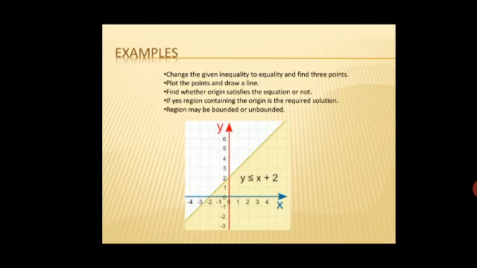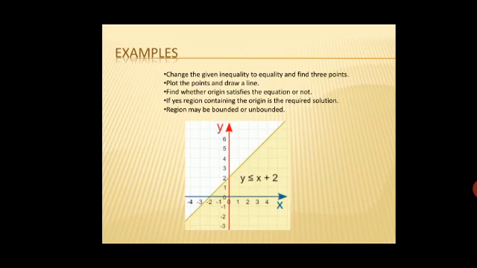How are we going to plot this and how are we going to find out the required region? We change the given inequality to equality and find 3 points. We plot the points and draw a line. Find whether the origin satisfies the inequality or not. If yes, the region containing the origin is the required region.